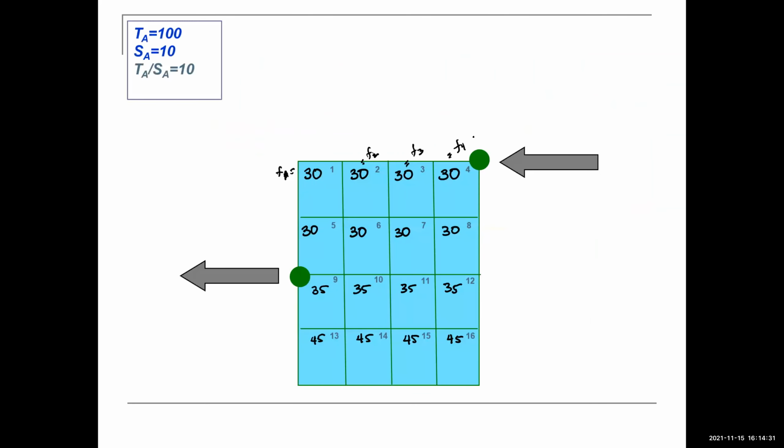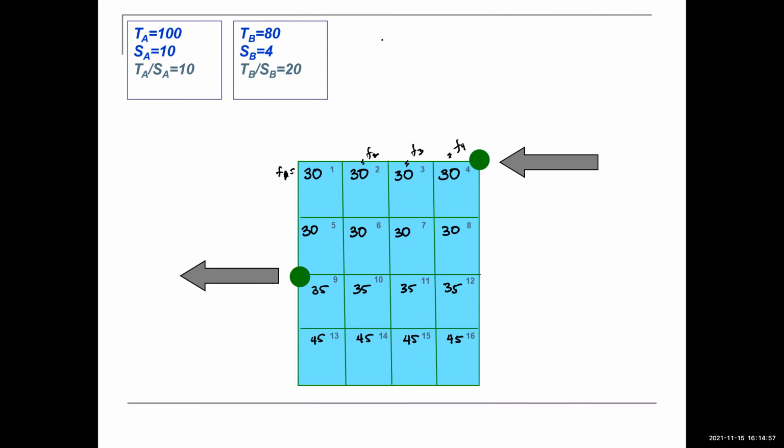So if we look at the ratios, TA equals 100, SA equals 10. So that ratio TA by SA is 10. TB equals 80, SB equals 4, TB by SB equals 20. So TB over SB is higher.